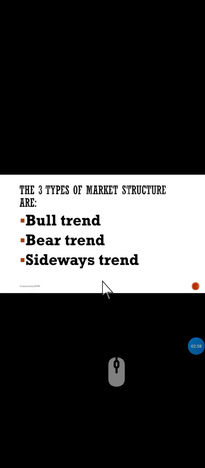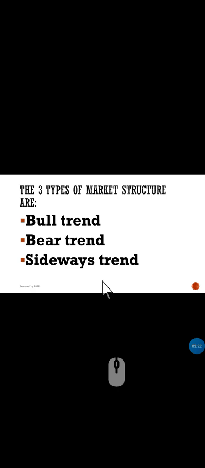We have three different market structures, which are a bull trend, a bear trend, and a sideways trend, which is also known as a ranging market. On the bull trend, the market gives us higher highs and higher lows, while on the bear trend, the market gives us lower highs and lower lows.